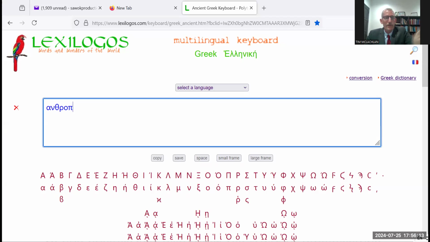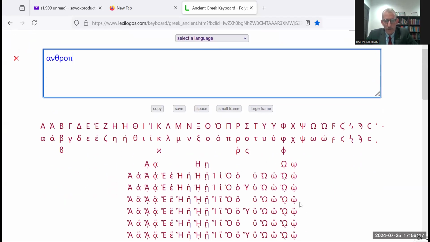That's right, okay, and that's the stem, and now we want to make it dative case, so you have to come over to here, and you need this one here, oh, there it is. Okay, so this is the omega with the subscript, so that's appearing there on the screen, and that's the word anthropo. I think I got that right.